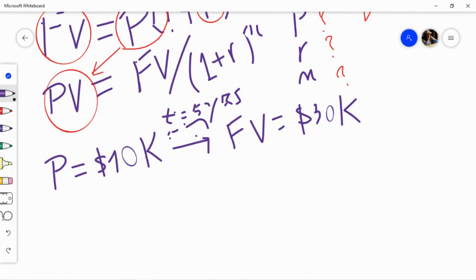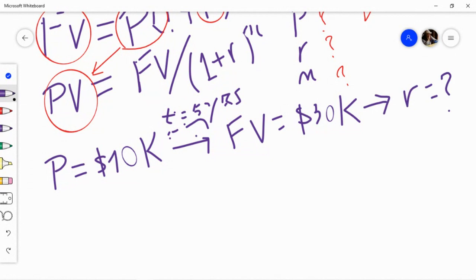Then obviously the question is, what should be the R? So now let's think about it. How do we solve for this? Actually, you already know the answer. You already know the formula.